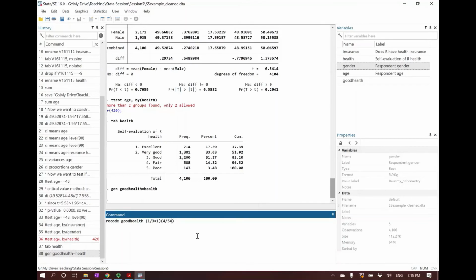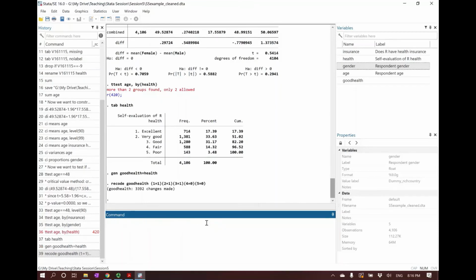It's really up to you as long as it's a binary variable, right? Sometimes if you forgot about the from and to, if it's not too many categories, you can always do 1 equals to 1, 2 equals to 1, 3 good, that's 1, and then 4 being 0, 5 being 0. That's the same thing, okay?